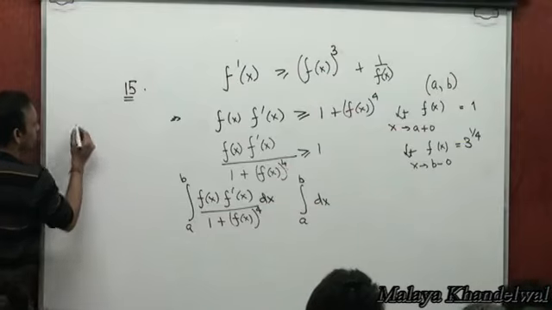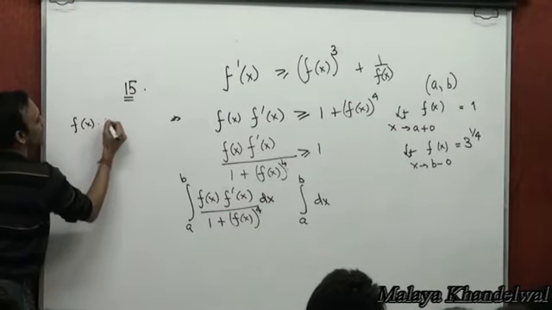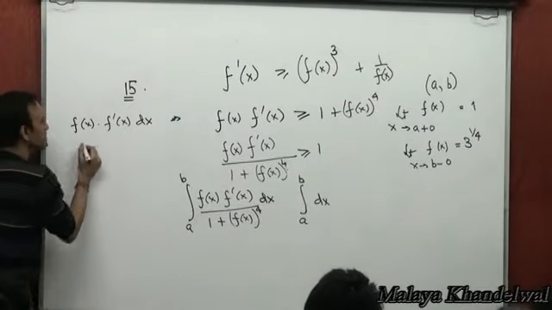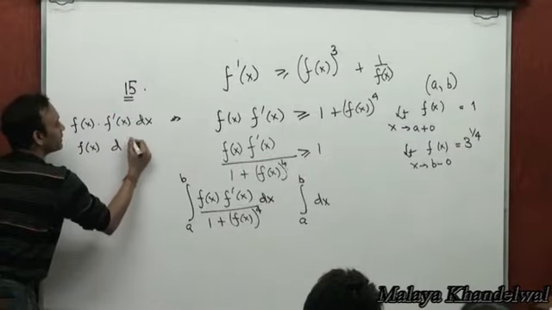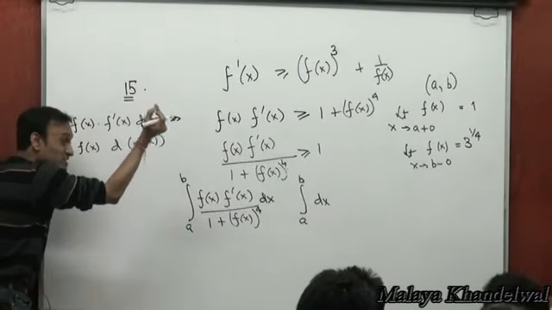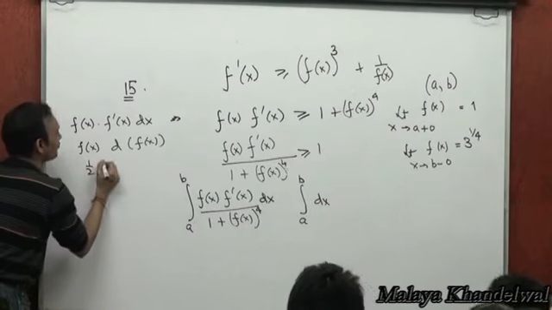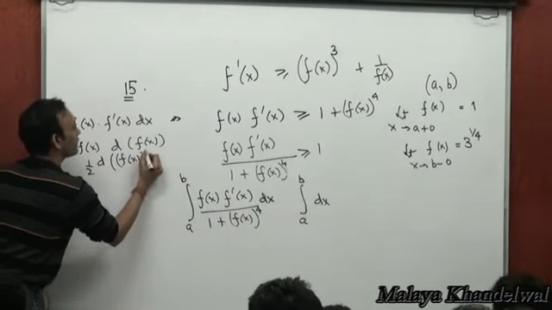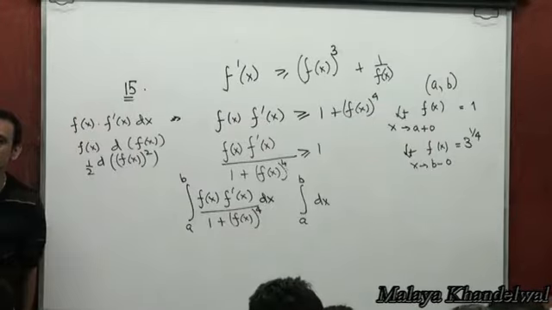Now realize that f x into f dash x dx is f x d of f x first of all, and t dt is d of t squared by 2. So this would be half of d f x whole square. How about it? Right?